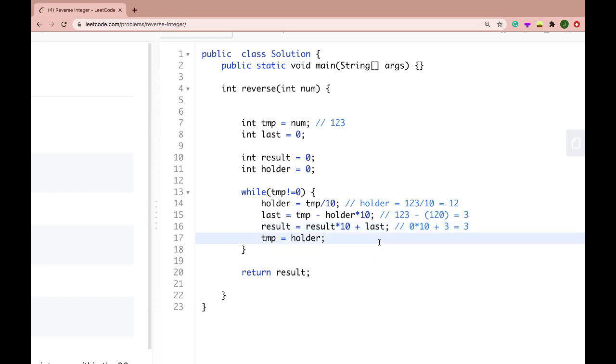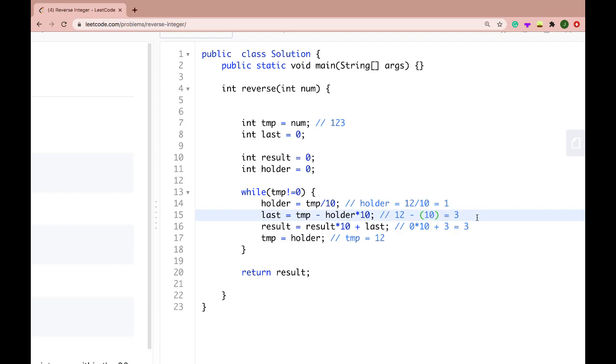And then we put holder into temp. Holder is 123 divided by 10, so it's 12. Temp equals 12 now. So now holder equals temp, which is 12 divided by 10 equals 1. Last equals temp 12 minus holder, which is 1 times 10, which is 10.